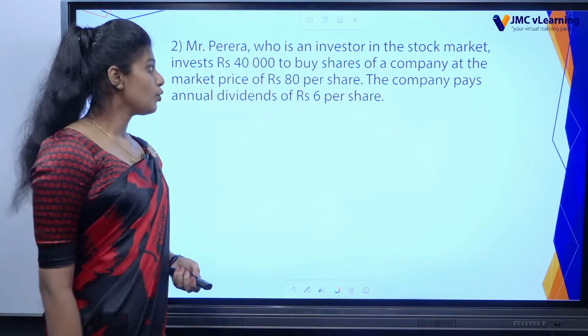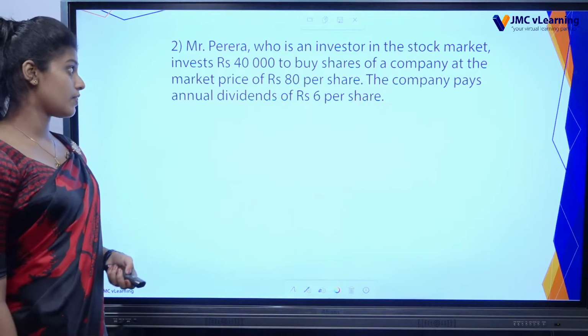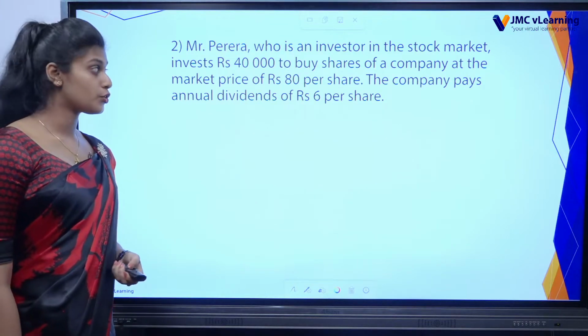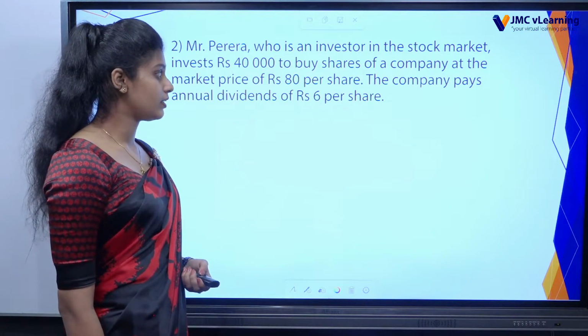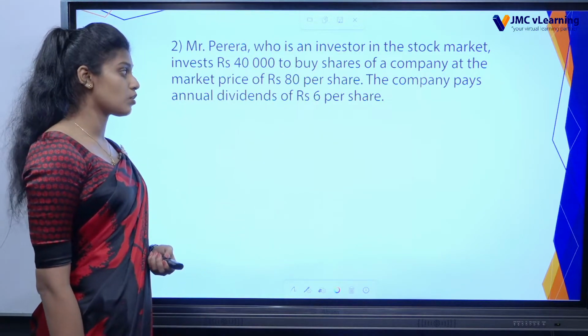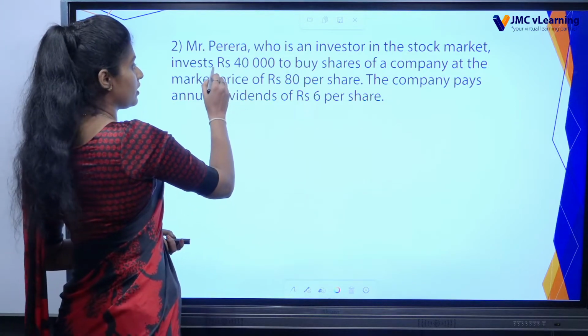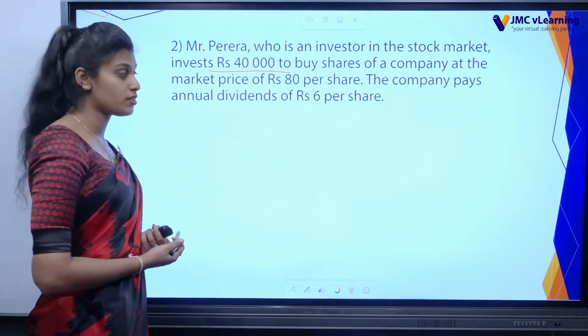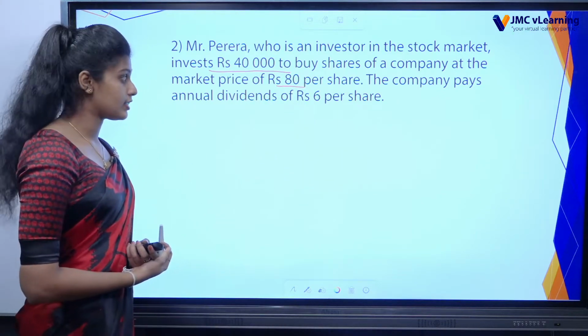Mr. Pereira, who is an investor in the stock market, invests 40,000 rupees to buy shares of a company at the market price of 80 rupees per share. He invests 40,000 rupees and one share is 80 rupees.